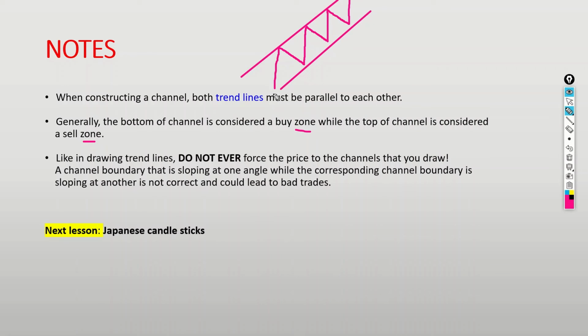So these down levels are considered as buy levels because we expect the price to go higher, and the higher levels are considered as sell levels because price is expected to go down. That's why we say the swing lows are buy areas, and the swing highs are sell areas, because every time it hits the upper line, it sells off. Every time it hits the bottom line, it buys again.